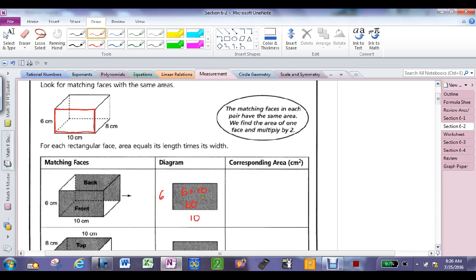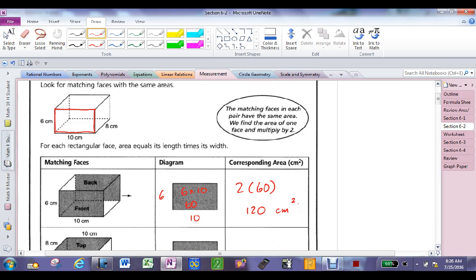But how many of them are there? 2. So I have to do 2 times 60 to get 120 centimeters what? Squared. Why squared? Because there are 2 dimensions, length and width. Is everybody okay with that? It's what we did yesterday or Friday. It's not hard, is it?